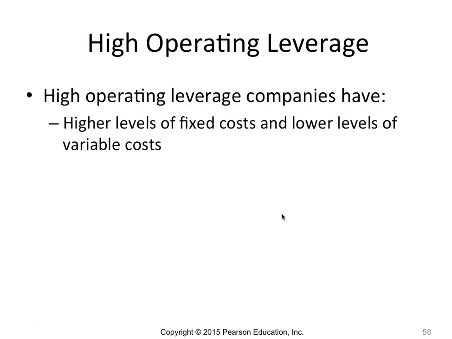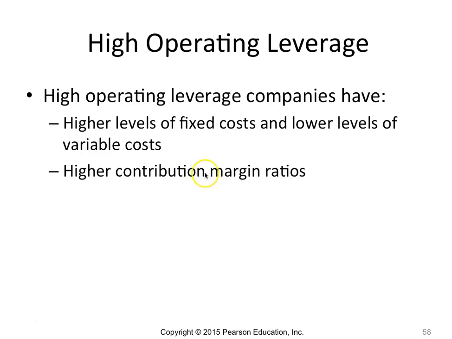So if we have a high operating leverage, high leverage of fixed costs and lower levels of variable cost, that means, okay, we have too much fixed cost, for example, and the level of variable cost is lower. And a high contribution margin ratio, so contribution is high.